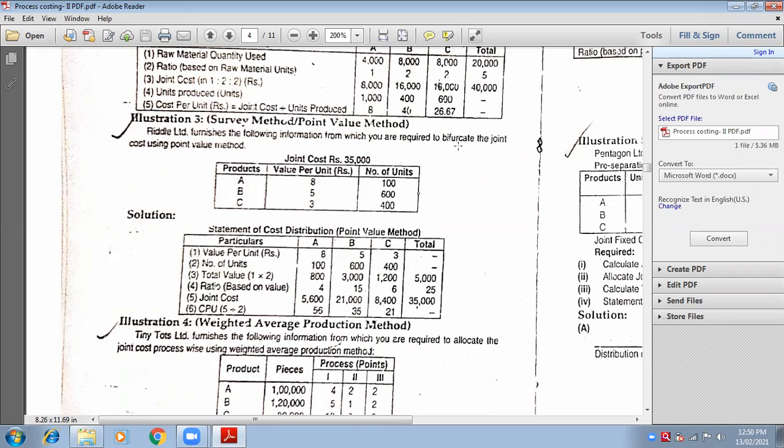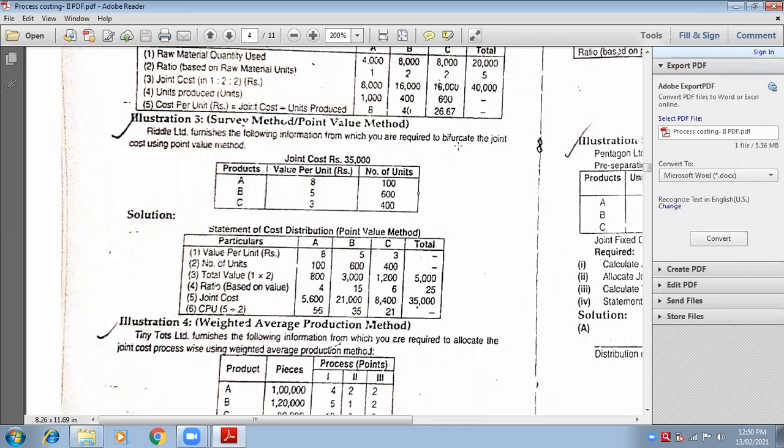So your value per unit, there are three products. Joint cost is 35,000, which is already given in the question. Products are A, B and C. Value per unit means when we were producing product A, per unit cost me rupees 8, B cost me rupees 5 and C cost me rupees 3.